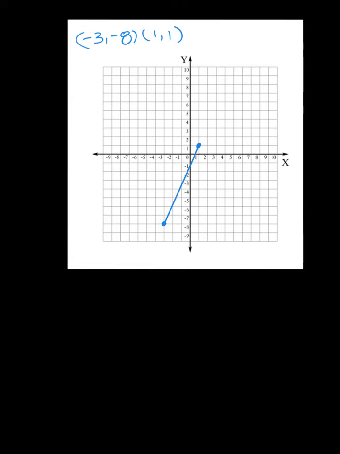Right, and then you're going to count the rise and the run. So I go up 9 and over 4, so I have positive 9/4.